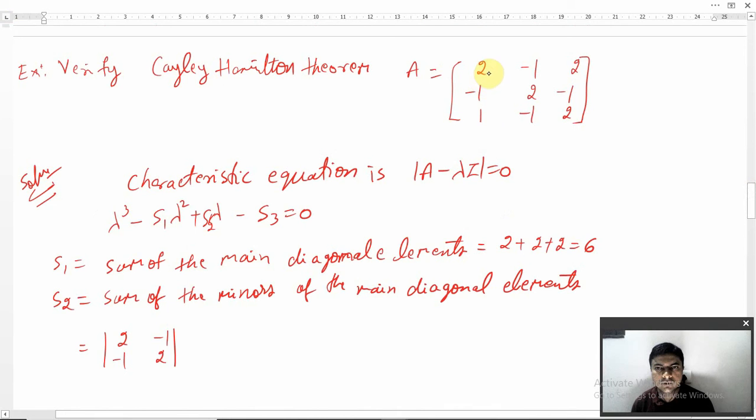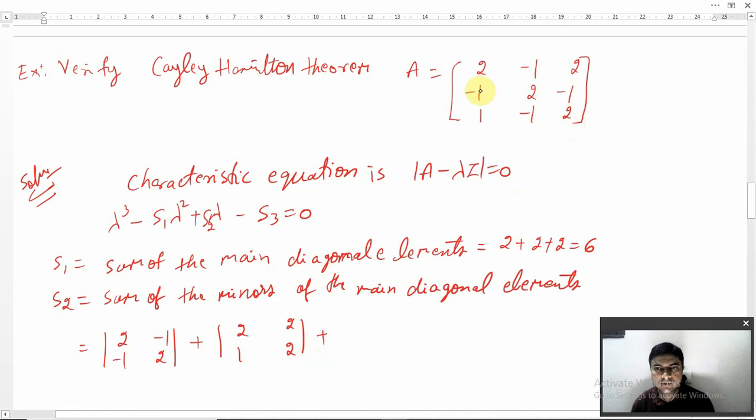If you take this 2, leave this row and column, what will be the minor? This is our minor. Then plus, next main diagonal is 2, again I will take this 2, again this row and column is left, so we are left with 2 2 1 2. So what will be the minor? The minor is 2 2 1 2.